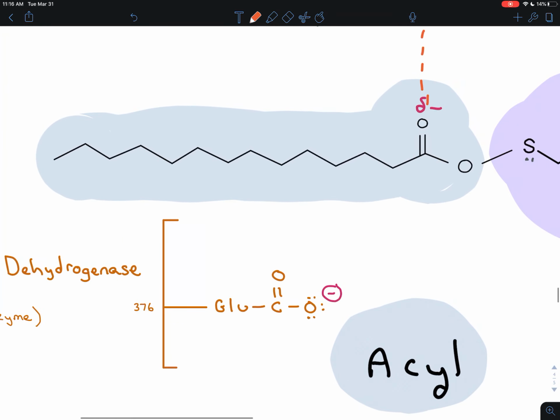Now remember something about the alpha position. So here, we have the carbonyl carbon. This is the alpha carbon. This is the beta carbon. So this carbon here is the alpha carbon.